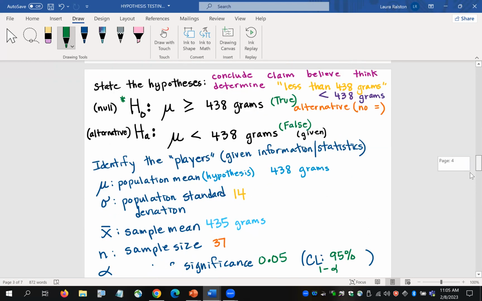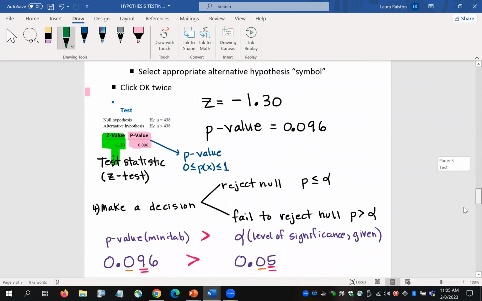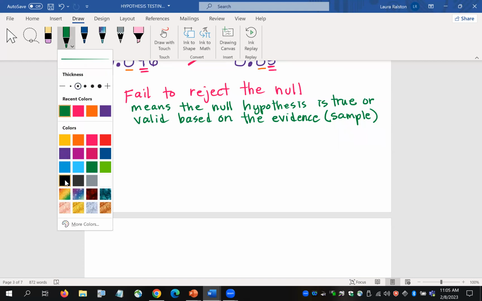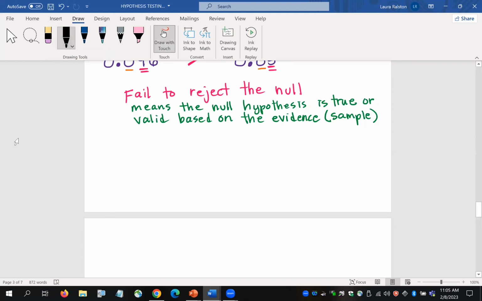Okay, so here's what we write. You must include the level of significance. So I always start the sentence with a level of significance. So at the 0.05 level of significance. And there's lots of ways you could write this.